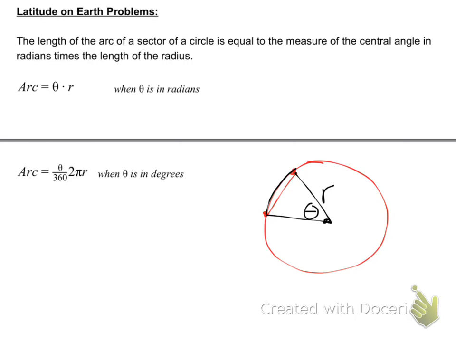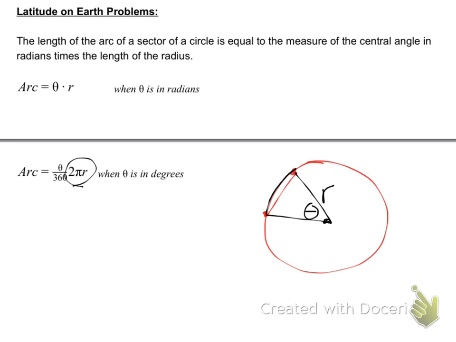And do you guys recognize that the circumference of a circle is 2 pi r? That's all I care about up here is, here's the circumference. How much of that circumference am I using? I'm only using this much. And that much is represented by 30 degrees out of the 360, or the 120 out of the 360.